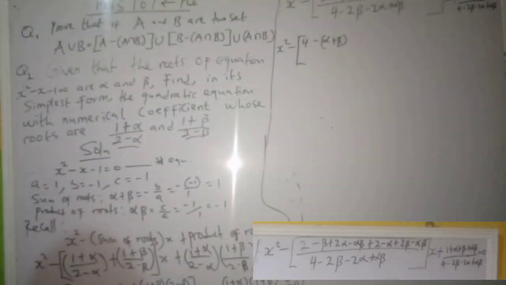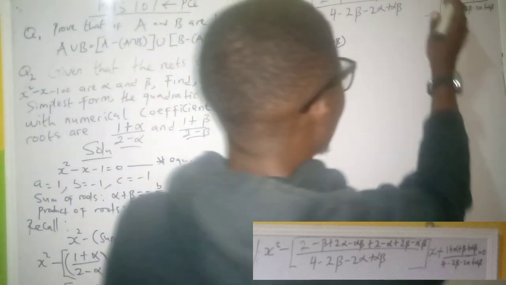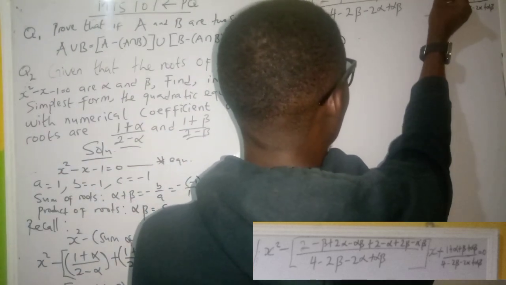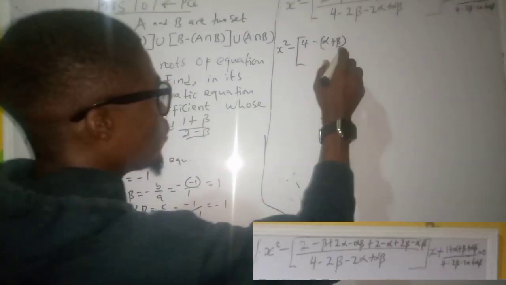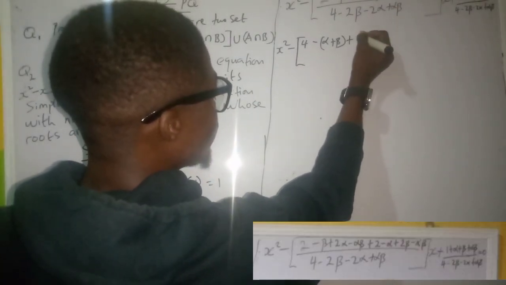Let me see, is there no mistake there? 2 alpha, okay, this one, alpha 2 beta, and alpha beta. So it's alpha beta. Please correct that.